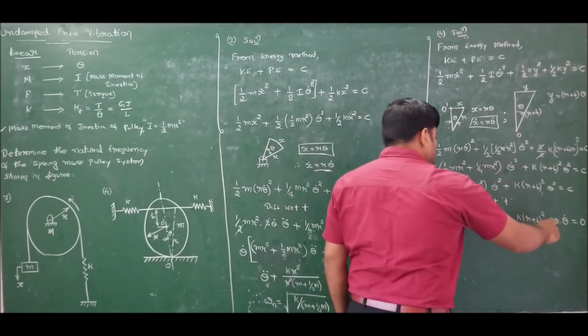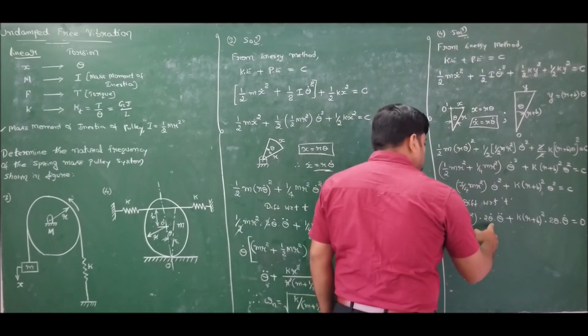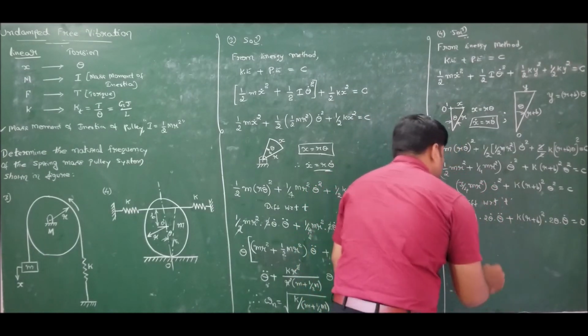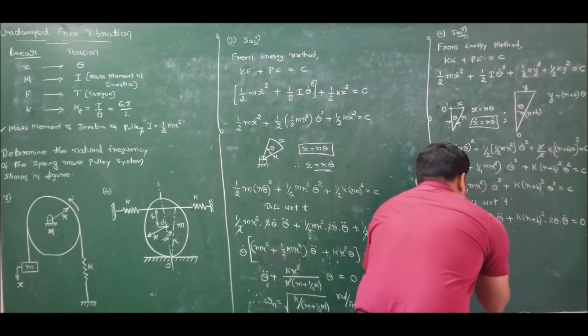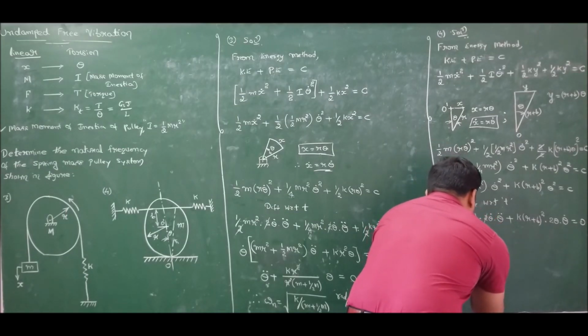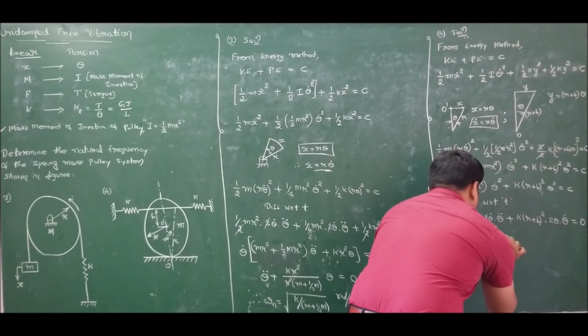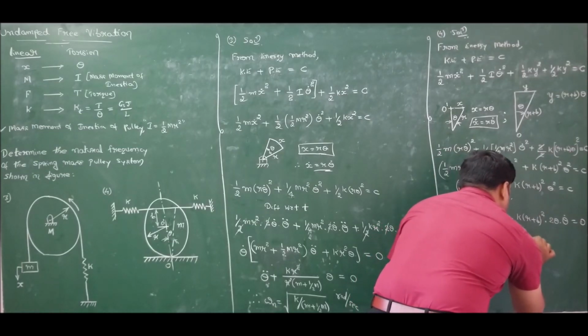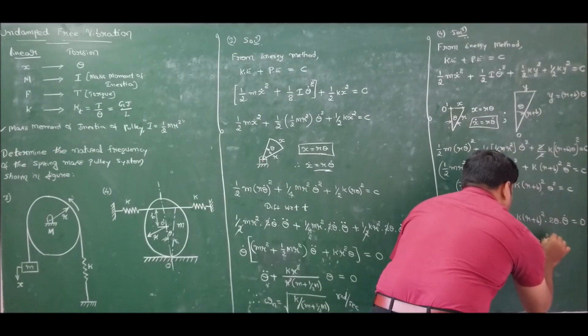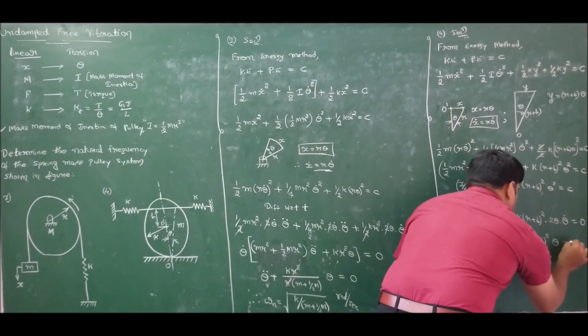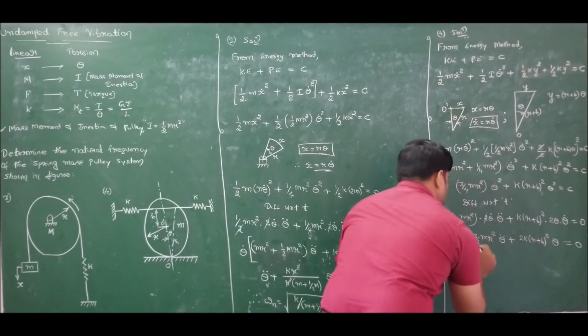Now throughout I can take theta dot common and simplify further. This 2 and 1s, 2 and 2s, hence I am left with 3 by 2 m r square theta double dot plus 2k times (r plus b) whole square theta is equal to 0.